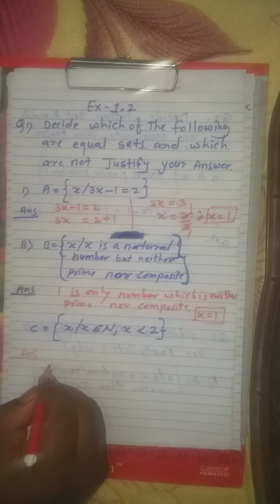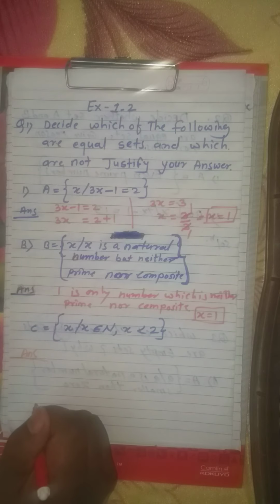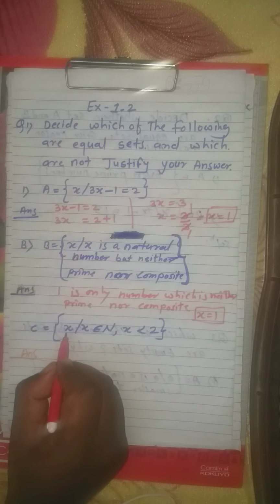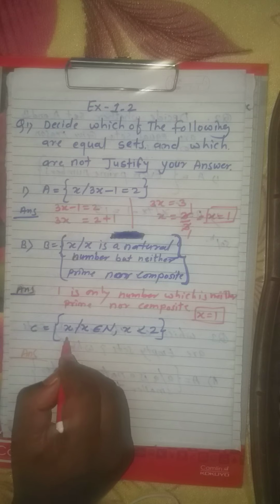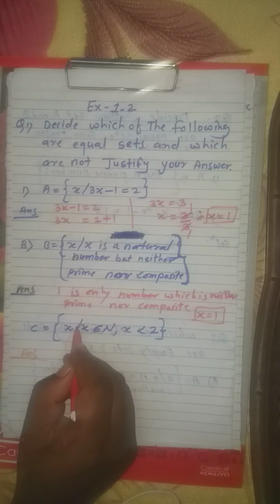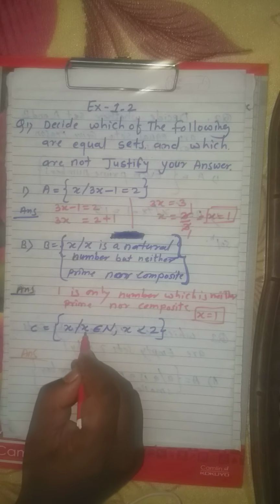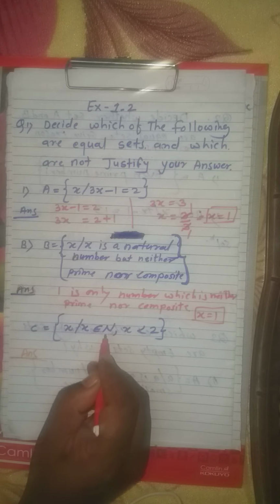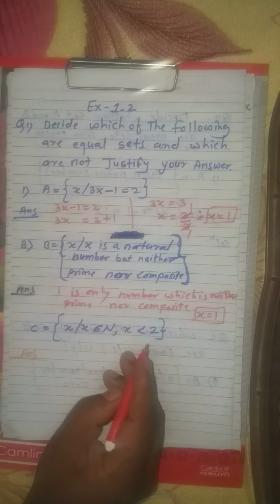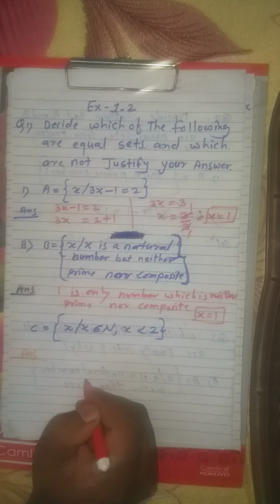Now we can check whether C is also 1 or not. The question is given like this: x is such that, how to read this, x, this line means such that, x belongs to N. Capital N means natural numbers, and x is smaller than 2.